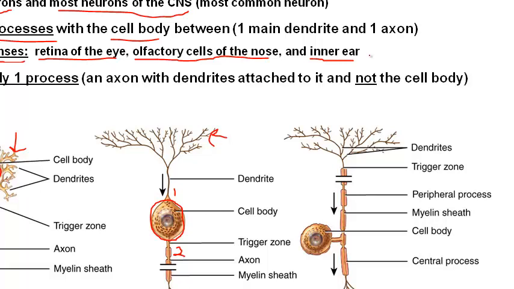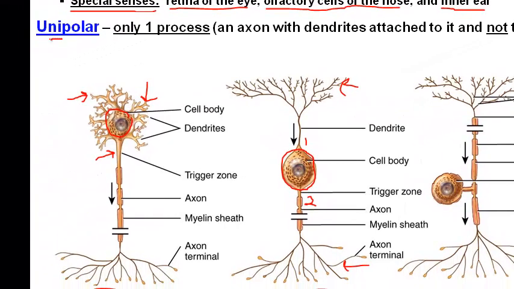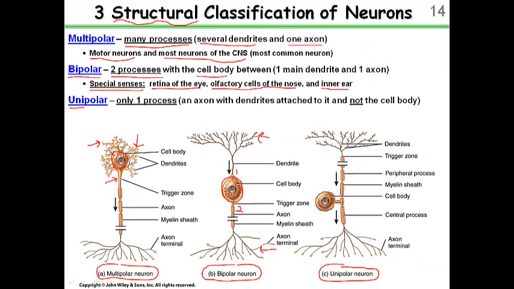Finally, the third type of neuron could be a unipolar. So uni means one. So this is an example of a unipolar neuron where there's just one thing sticking off the cell body, but it often then splits into many processes. So again, we're just looking at the cell body, how many things come off of it.